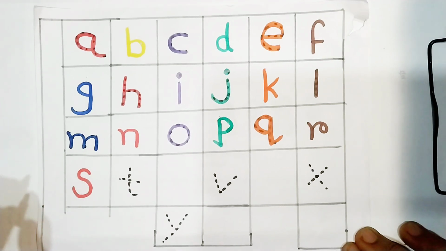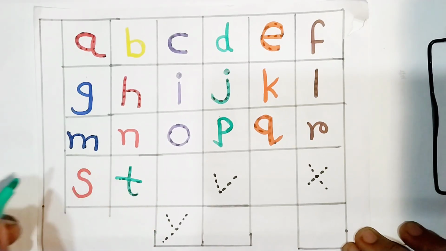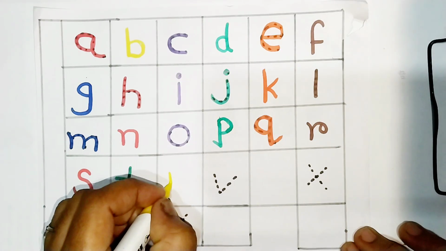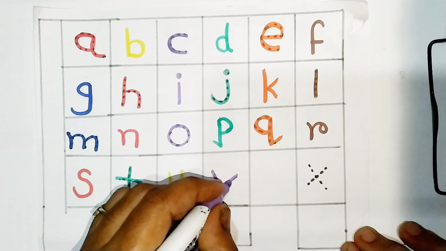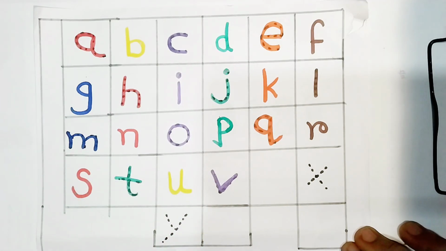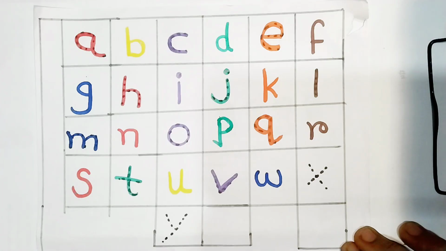S for sun. S. T for tiger. T. U for umbrella. U. V for van. V. W for watch.